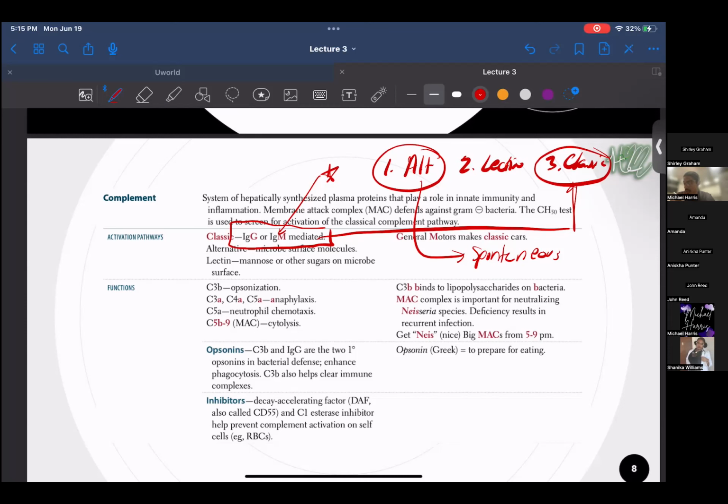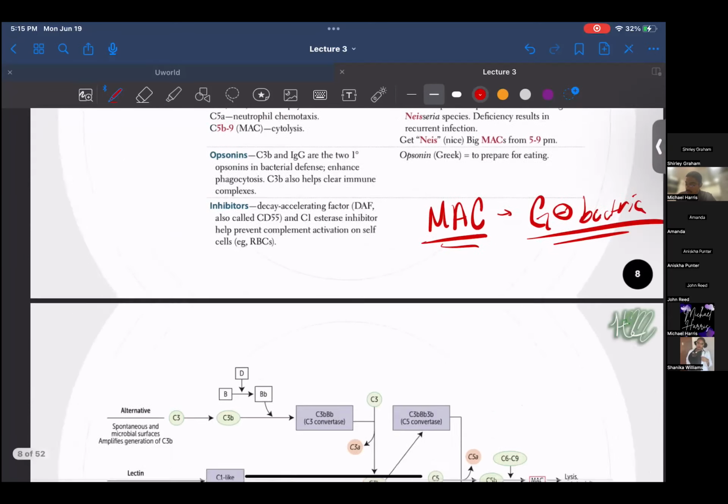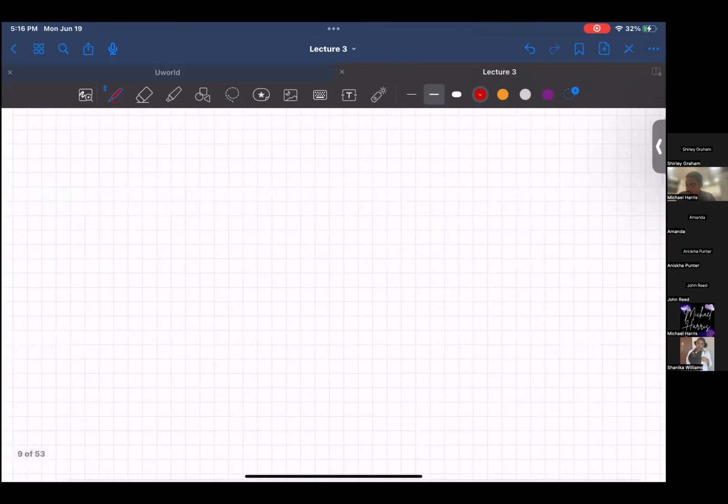With that being said, what is MAC mainly used for? Because you need to know the goal now. We now know what activates it, but what is MAC really used for? What type? Gram-negative bacteria. Perfect. This is also a very big thing to remember: gram-negative. Because, and this is something we're going to discuss more when we do microbes, right?